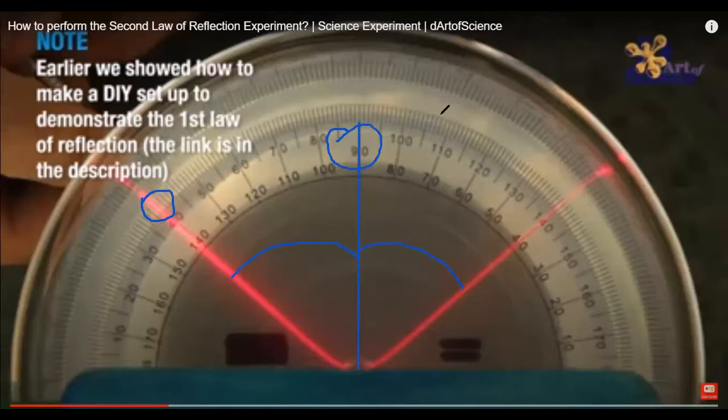Angle of incidence is 50 degree, meaning angle of reflection is also 50 degree. Can you accept it? Can everybody accept it?